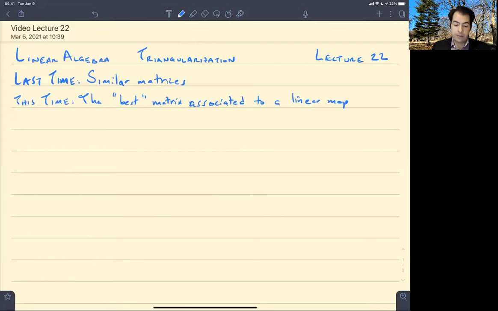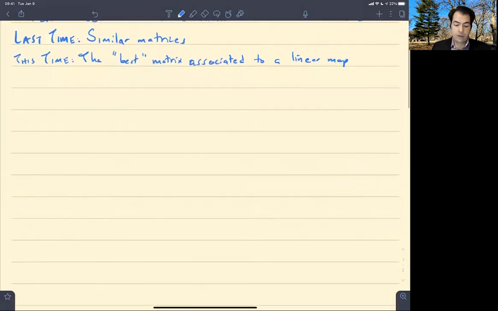Okay, so in some sense, we won't get to the best answer today, but for some matrices we will. The simplest matrices, so what you might think is the best answer, are the diagonal matrices.